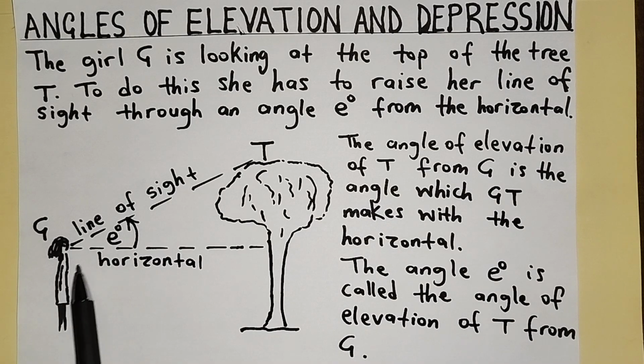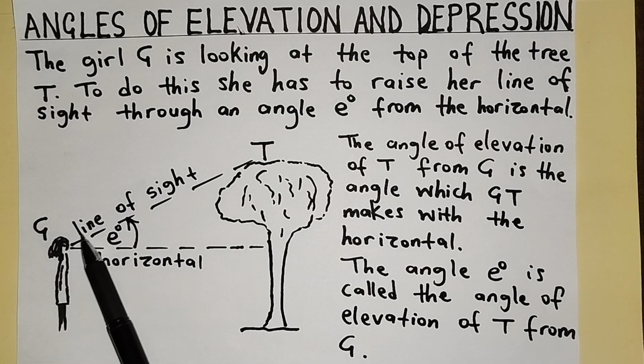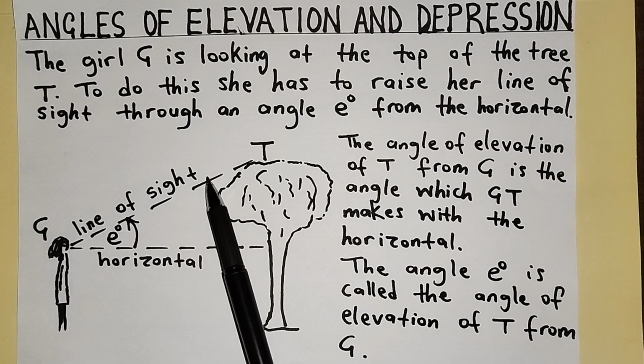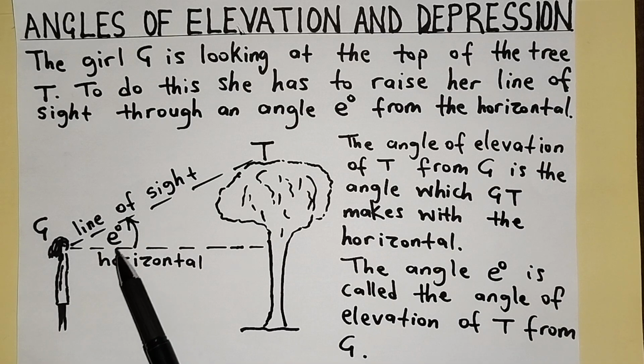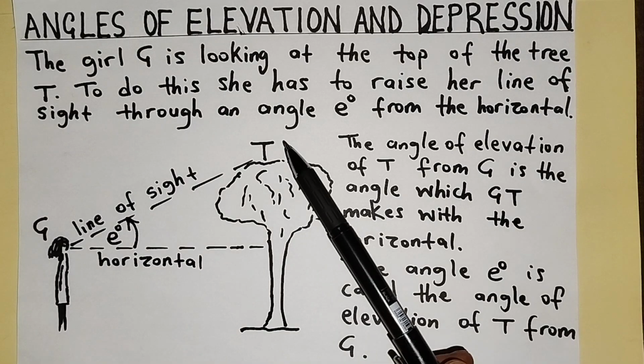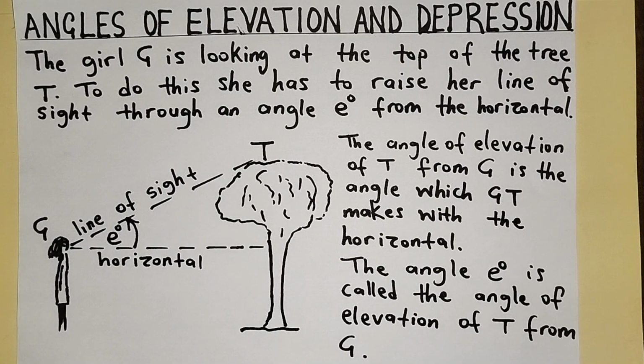So this is the horizontal. This girl must raise her line of sight from the horizontal up to this, and in the process making an angle of elevation of E degrees so that she could see the top of the tree shown by this T here.